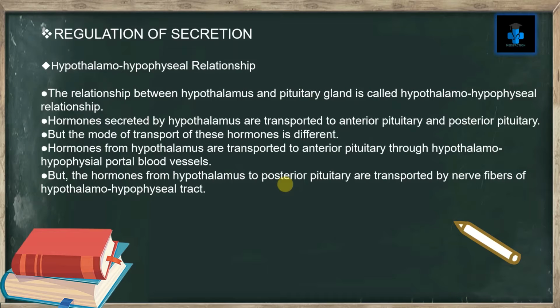Hormones from hypothalamus are transported to anterior pituitary through hypothalamo-hypophyseal portal blood vessels, but the hormones from hypothalamus to posterior pituitary are transported by nerve fibers of hypothalamo-hypophyseal tract.